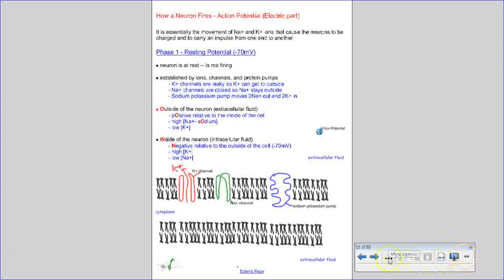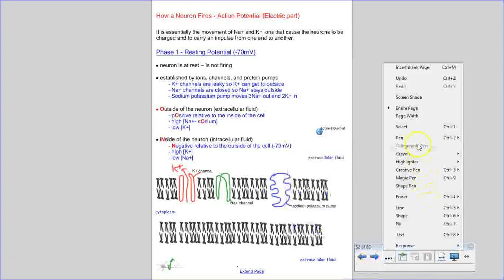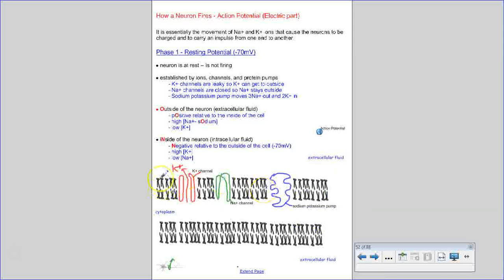Okay, so we end up with high levels of sodium on the outside.